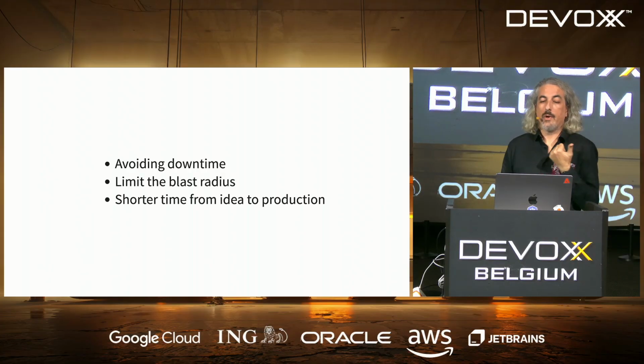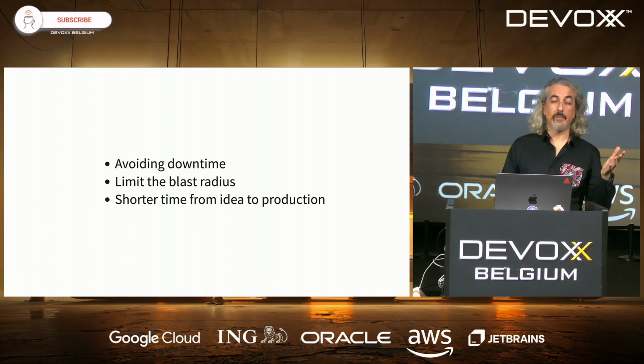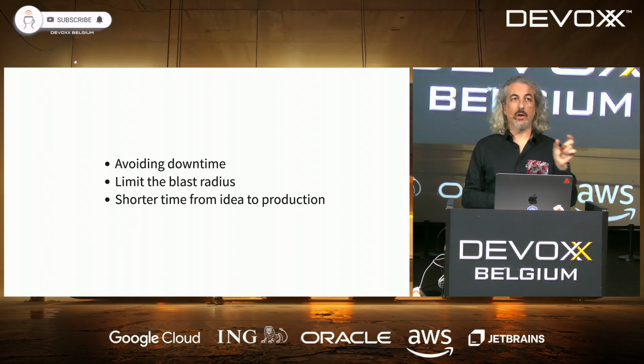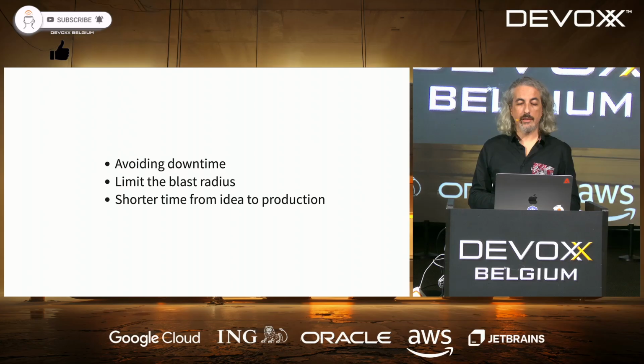The reason you want to do this is to avoid downtime. And if something goes wrong, you can quickly roll back. It limits the blast radius: only a few customers get impacted because you roll out to small portions of your user base at once.